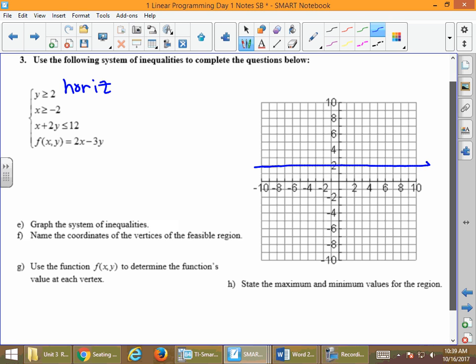There's our y equals 2, and we'll shade it in a couple minutes. Remember, when it's y equals, we're crossing the y-axis. When it's x equals, we're crossing the x-axis, which is why this second value here is a vertical line at -2.